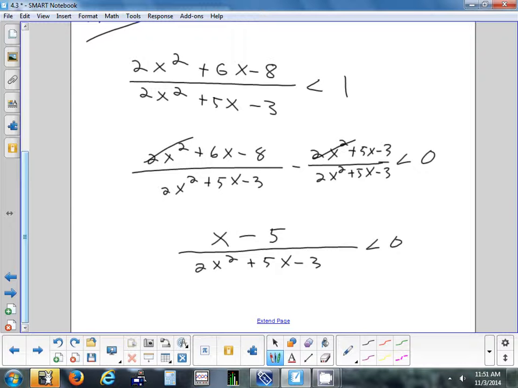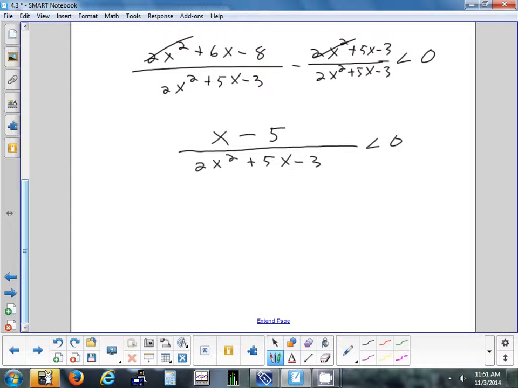So the top is already factored. It's x minus 5. Okay, and we need to factor the bottom. So the bottom will factor as 2x minus 1 times x plus 3. I think we already factored the bottom before. We had something either very similar to that, if not identical. So 2x minus 1 and x plus 3.